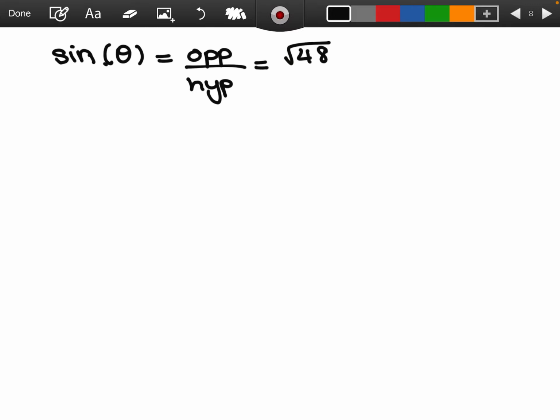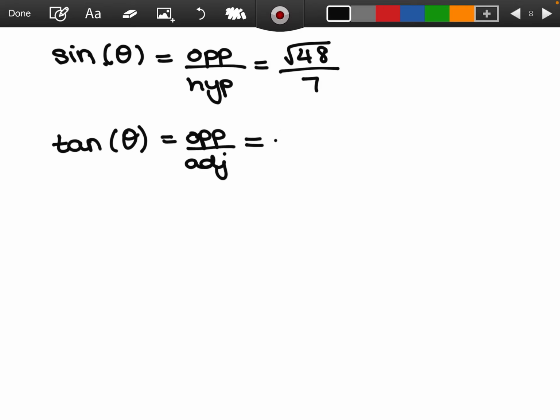The opposite was the square root of 48 and the hypotenuse was 7. Tangent of theta, that was opposite divided by adjacent. Our opposite side had length square root of 48 and our adjacent side had length 1. So that's just going to be the square root of 48.